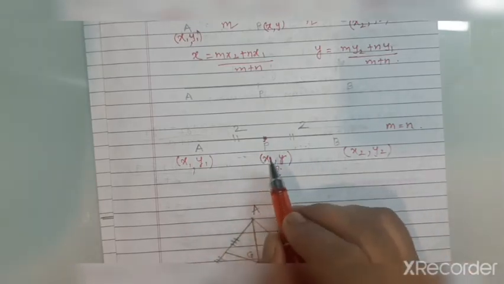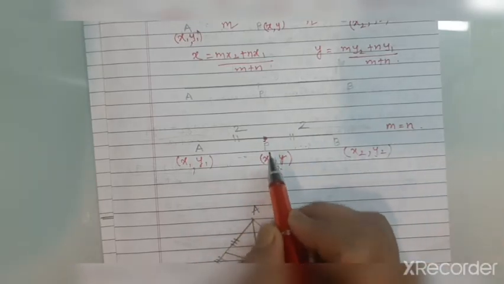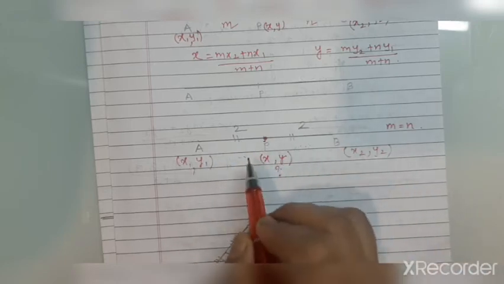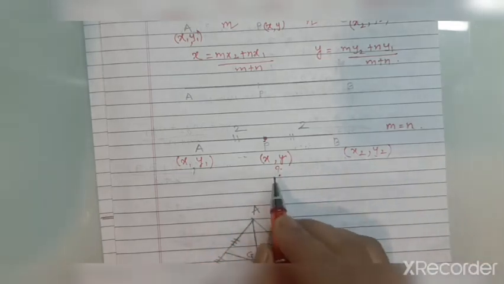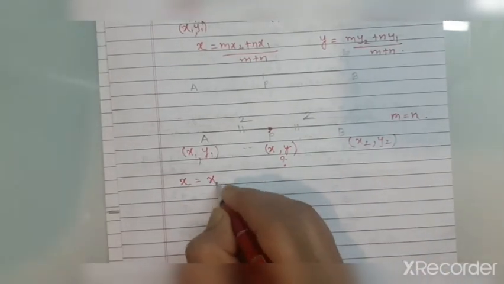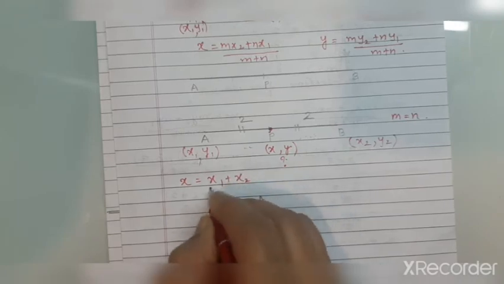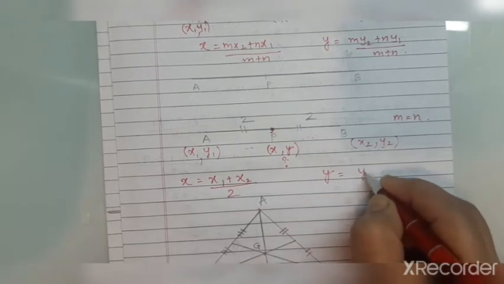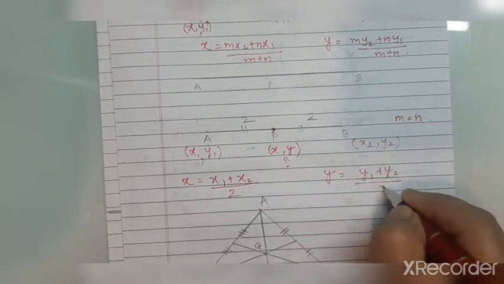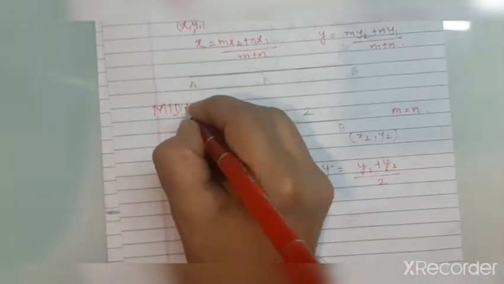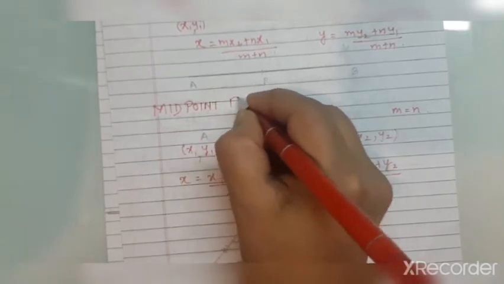So P divides AB into two equal parts. Therefore, to find the x coordinate, we use the formula x1 plus x2 upon 2. And to find the y coordinate, y1 plus y2 upon 2. This particular formula is called the midpoint formula.